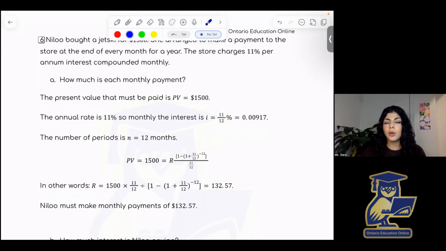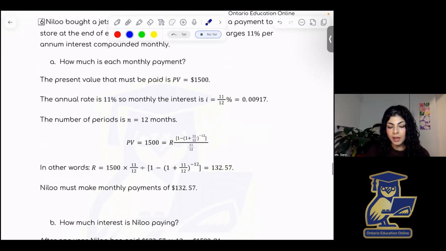So the present value that must be paid is $1,500. Actually, correction, we're not solving for the present value, we're solving for the regular payments, in this case, monthly payments. The annual rate here is 11%, but because it's monthly, we divide by 12, which gives us 0.00917. Or again, as I mentioned, I highly recommend you use the 11 over 12 in your equation as I did here.